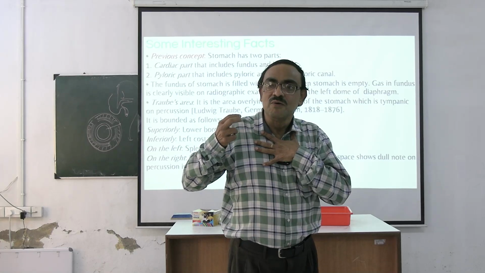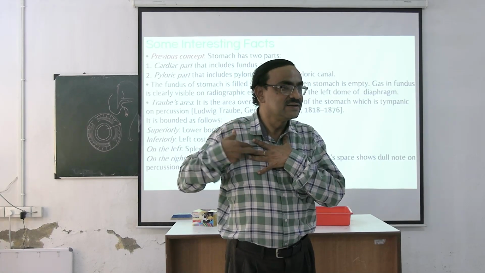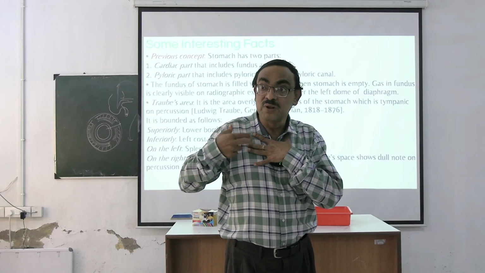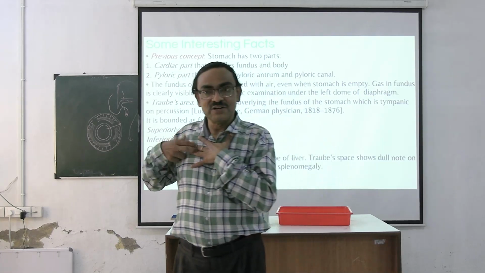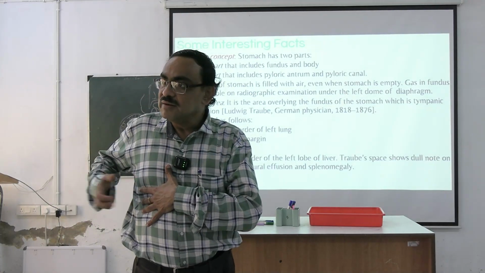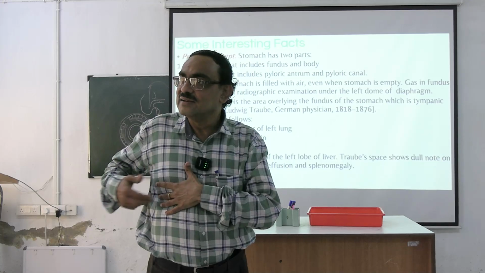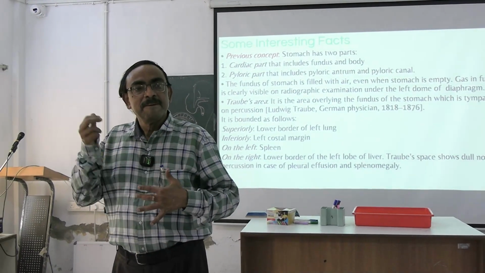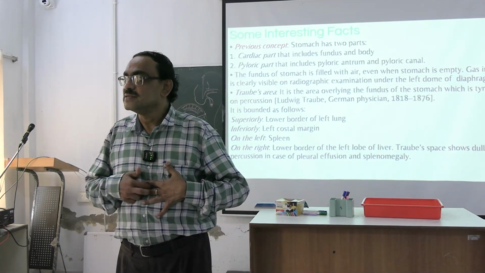When we are percussing over the lung, there is a particular resonating sound. When percussing over the liver, a solid organ, we are getting a dull sound. When we are percussing over the stomach, we are getting a typical sound, that is called tympanic sound.